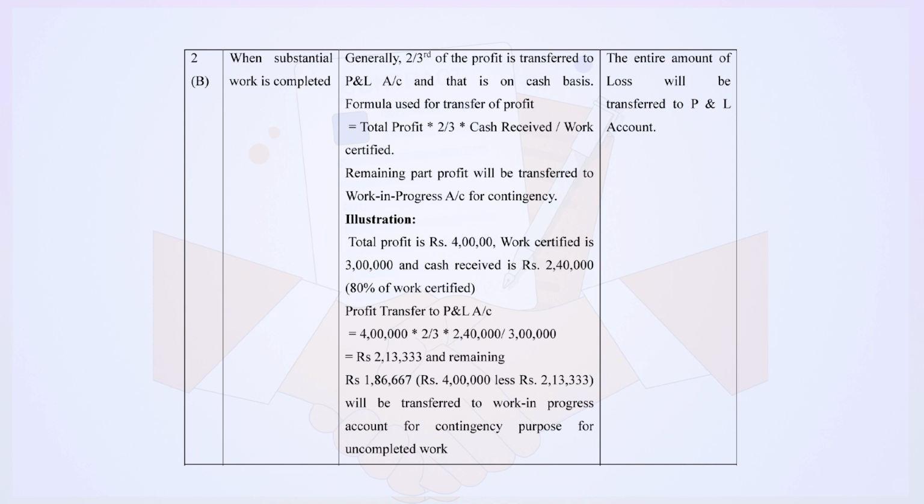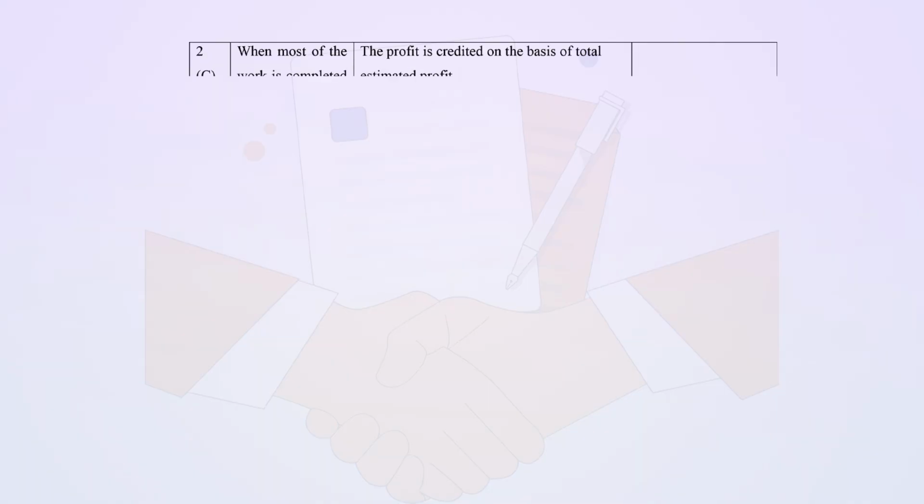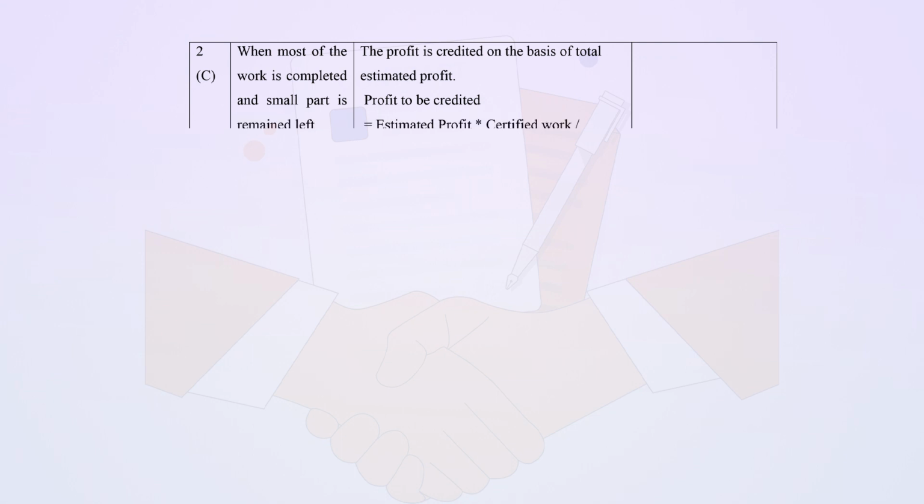In this case, if there is a loss, then the entire amount of loss will be transferred to profit and loss account. Third situation, when contract is incomplete, it is when most of the work is completed and a small part is left.